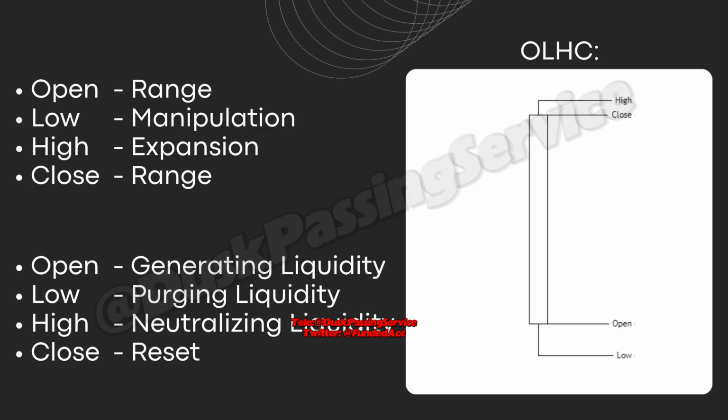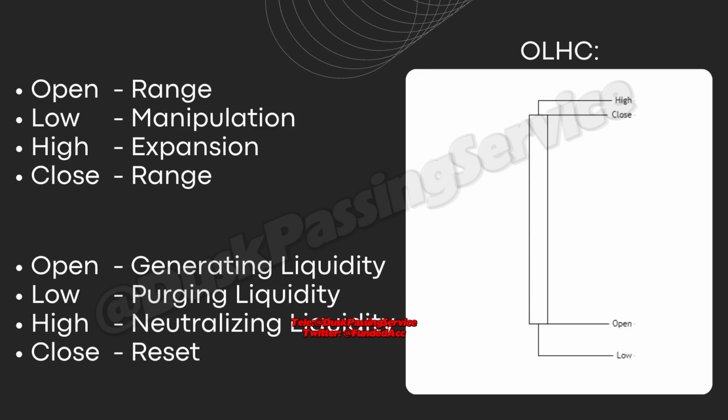Whenever we have a manipulation profile, it purges the liquidity that we generated earlier, and second, it rebalances a dealing range or an expansion swing on the higher time frame. Whenever you see a manipulation profile and you backtest those things, you're going to see that it always does these two things, so you can note these two things down.